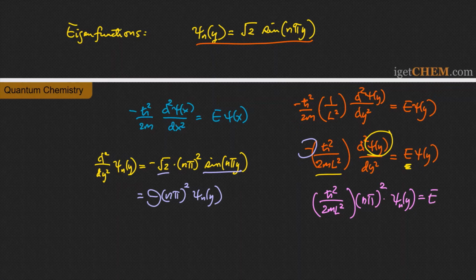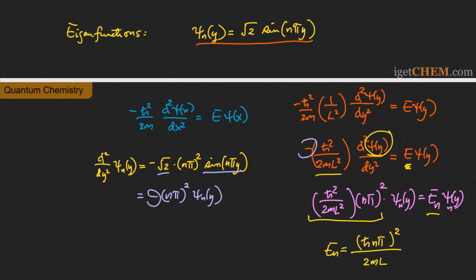And this is equal to En, for the nth eigenfunction, times psi n of y. So you can easily read out what En is equal to. So En is just equal to that. Let me just group everything together: h bar n pi squared on top, and then in the bottom you have 2mL squared. So these are the eigenenergies of the particle in the box problem.